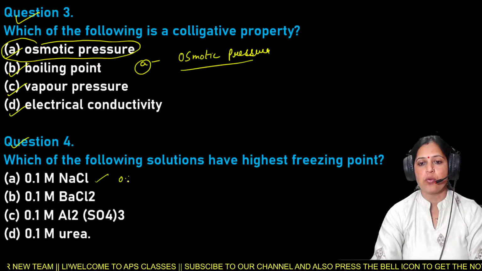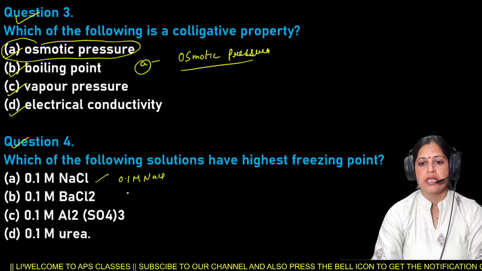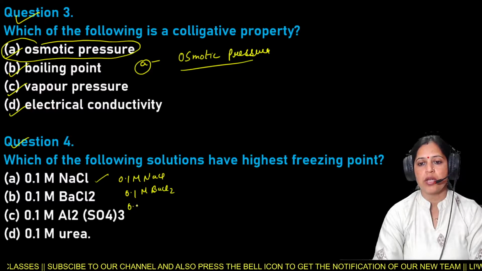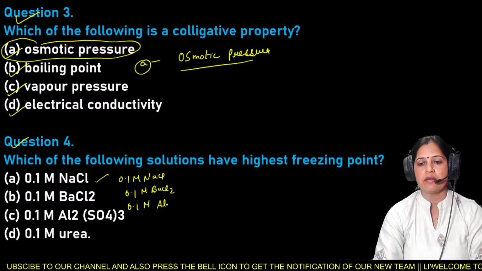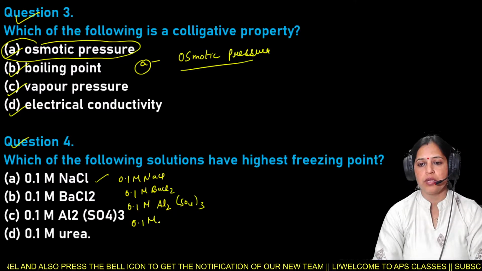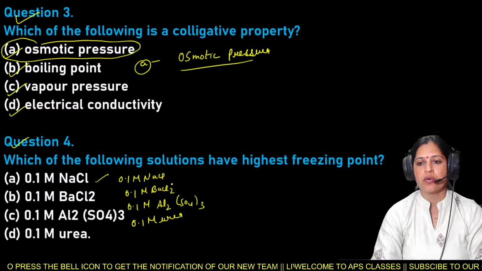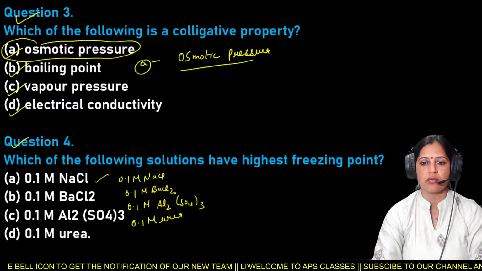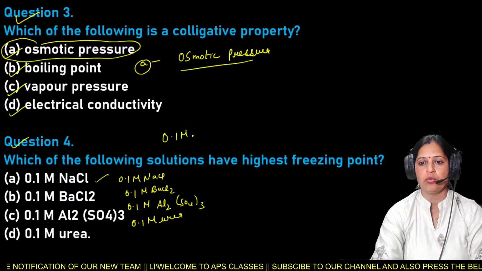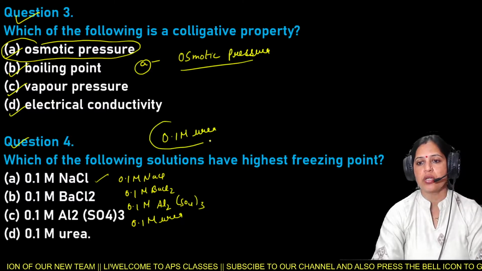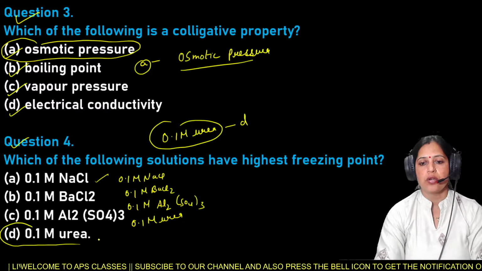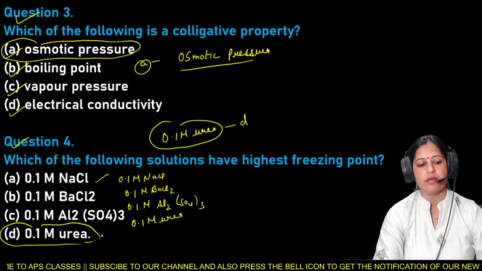Options are 0.1 mole sodium chloride, 0.1 mole barium chloride, 0.1 mole aluminium sulfate, and 0.1 mole urea. The solution with the highest freezing point, beta, is 0.1 mole urea. So option D is the right answer for question number 4.